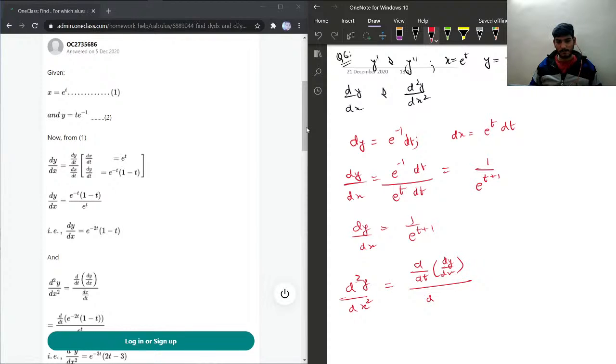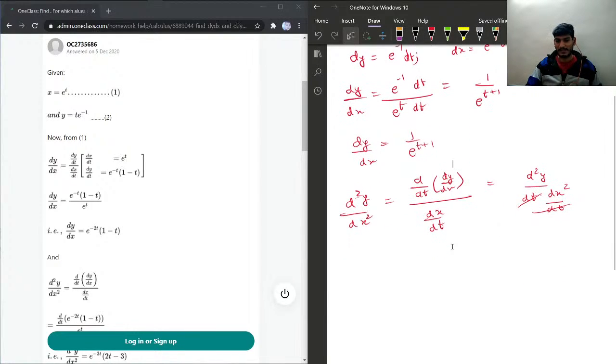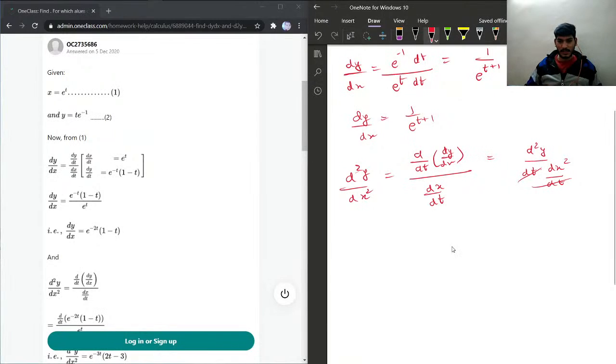d over dt. So this will become like d square y over dt and dx, and this dx will become whole square, and this was dt, so dt and dt will get cancelled. So we will get d square y over dx square. So these differential operators work like this only. Because these functions are dependent on t, therefore we need to go for this approach.